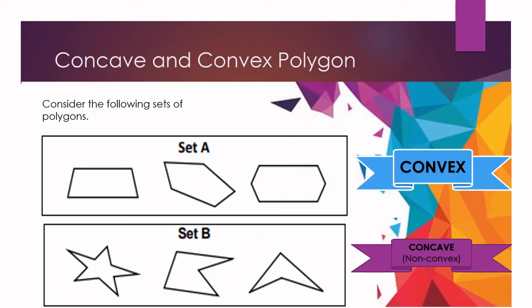Now, let us consider the following sets of polygon. We have set A and set B. Set A is considered as convex, and set B are said to be concave or non-convex. Now, let us differentiate concave and convex polygon.